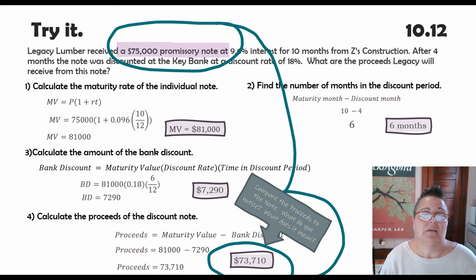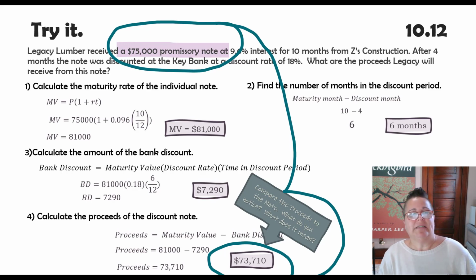What does it mean? Is there a situation that you can think of when it might be in a business's advantage to discount a note at a bank and actually take less than the worth of that promissory note? All things to think about.